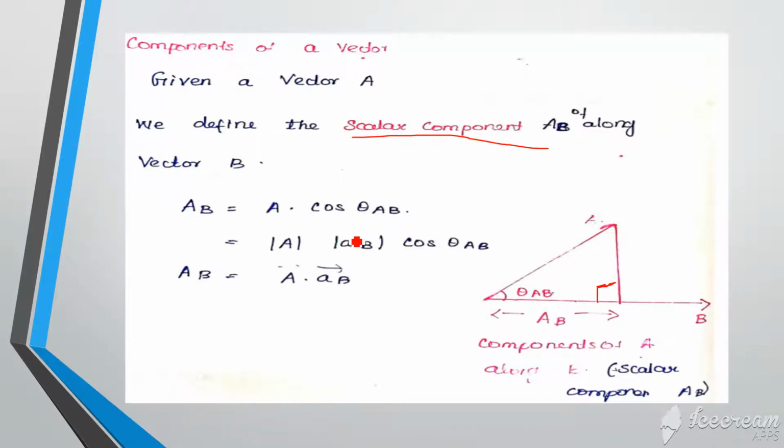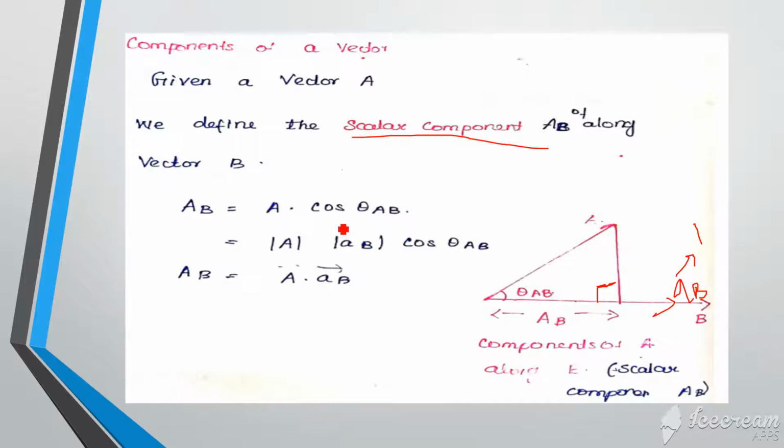Again, already we know that the unit vector's magnitude is 1. Simply multiply with the unit vector, because the unit vector defines the direction of the resultant. Here A_B is along the B direction, so we multiply along B with the unit vector aB, whose magnitude is 1.